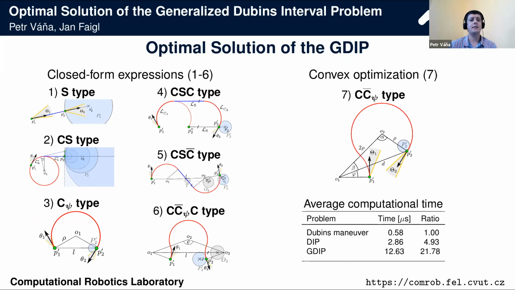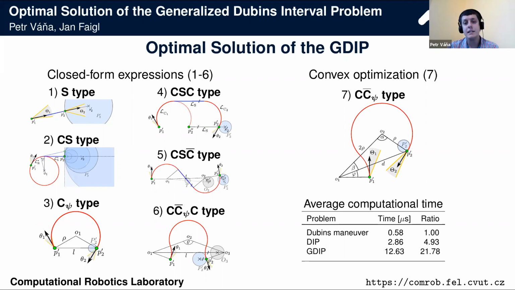And down right, you can see a small table of average computational time for these kinds of problems. So the original Dubins maneuver between 2 configurations takes a little bit more than half a microsecond to compute on a standard CPU like this notebook I'm presenting on.